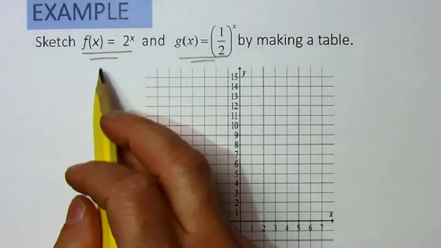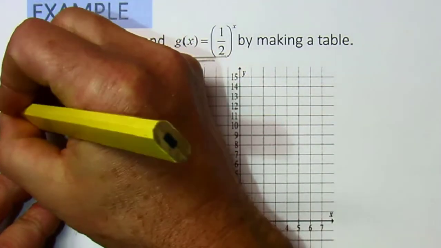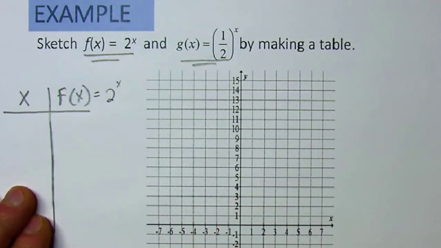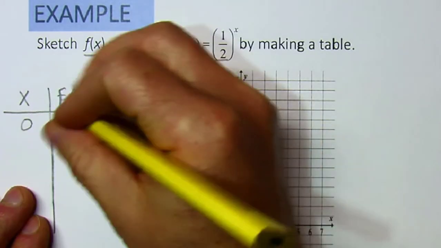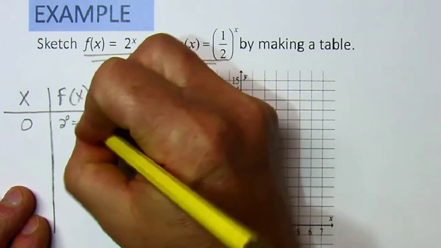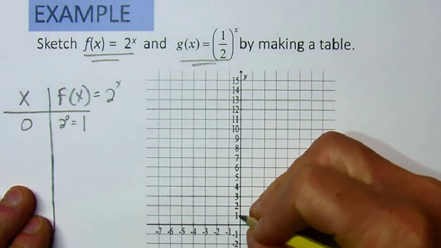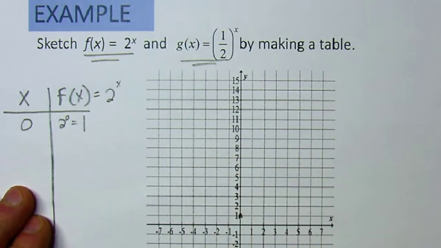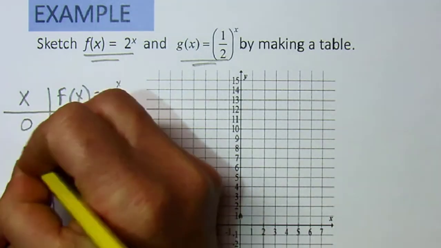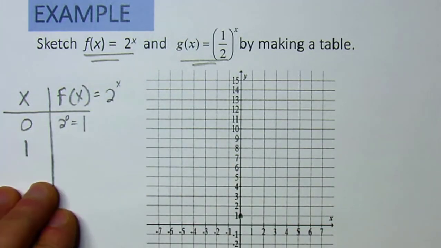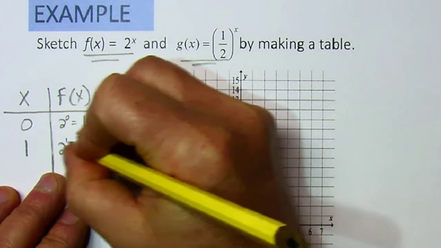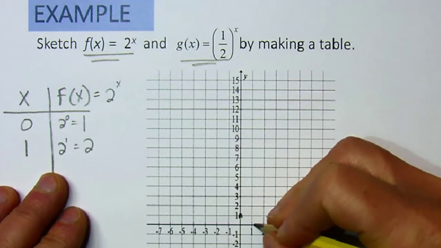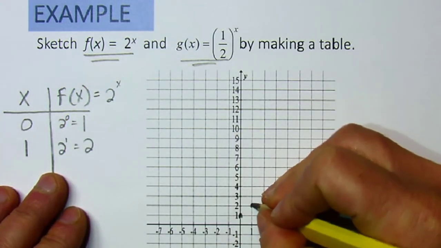Let's start with our first graph. Let's make a table. So let's pick some values. When x is equal to 0, this becomes 2 to the 0 power, which is 1. And so that means (0, 1) is a point on our graph. When x is equal to 1, we have 2 to the first power, which is 2, and so (1, 2) is on our graph.